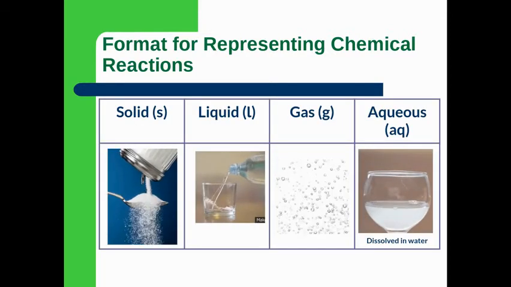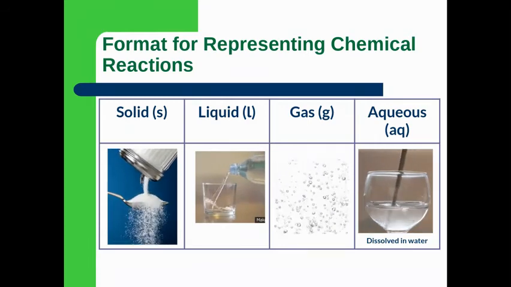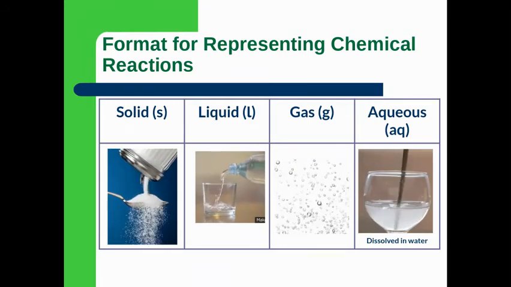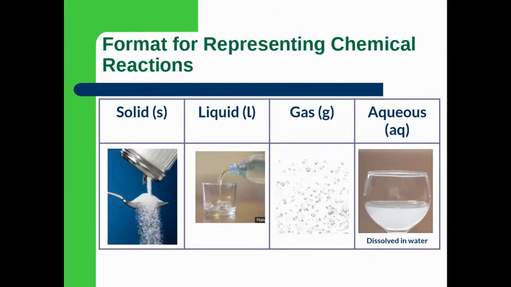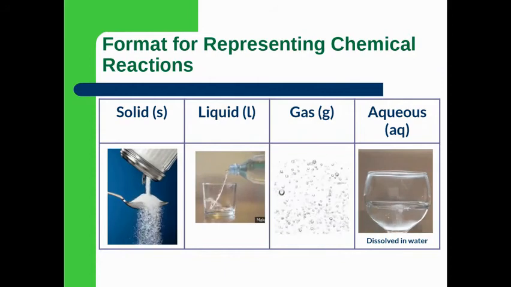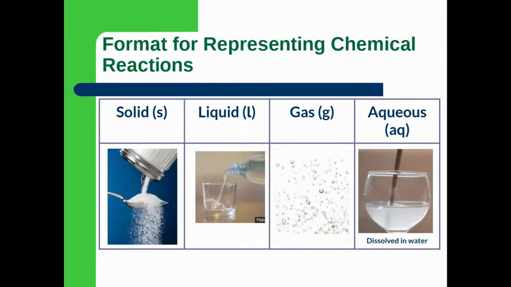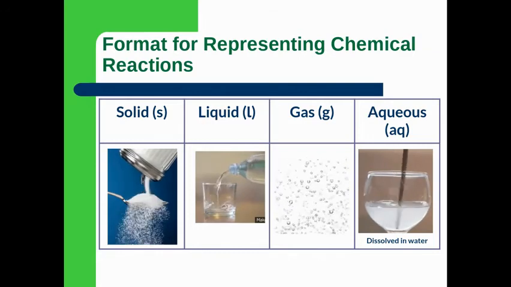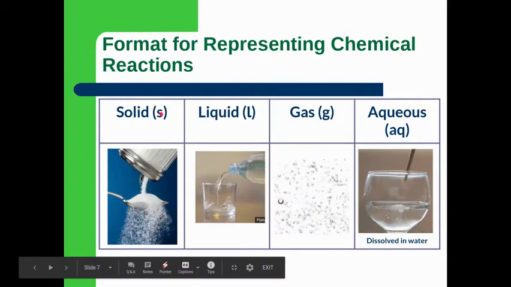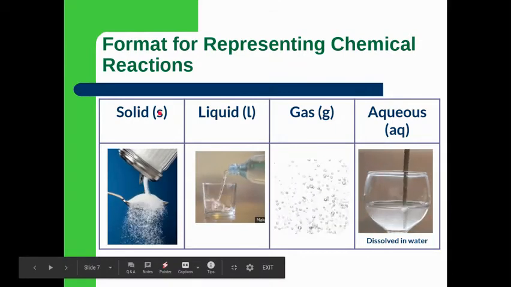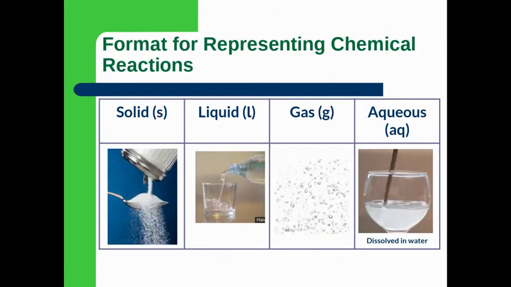Another symbol that we often use is one for states. Since a transformation takes place, we often end up with an unexpected state, or sometimes the reaction will only occur if the initial reactants are in a particular state. And so we indicate that by using a lowercase letter inside parentheses after the formula for the chemical in the equation.